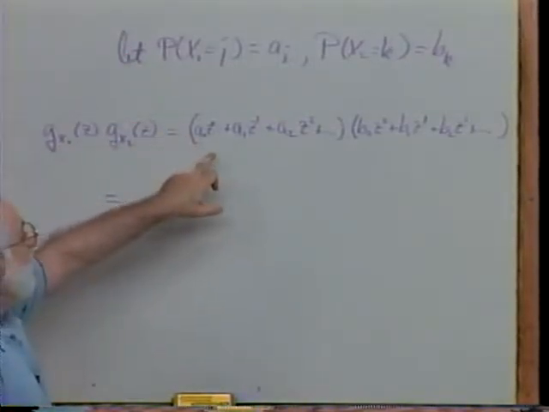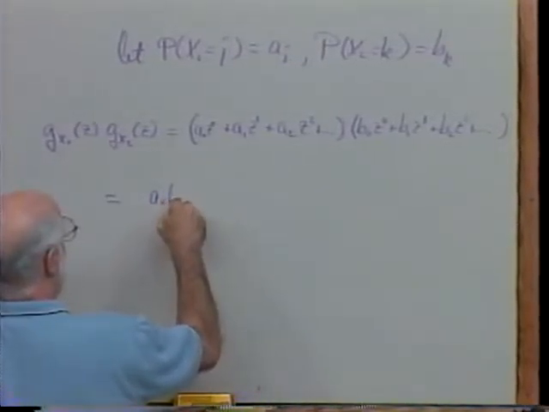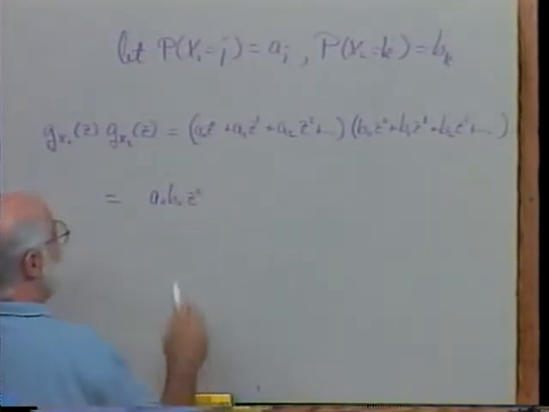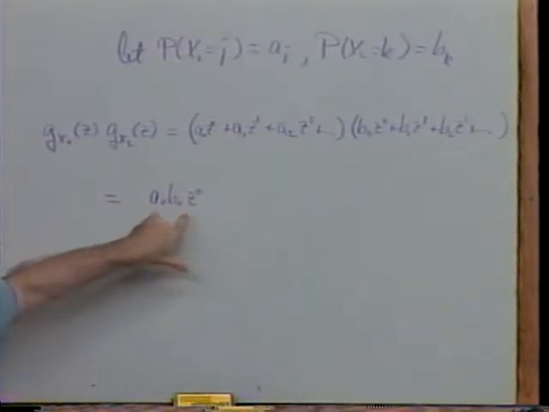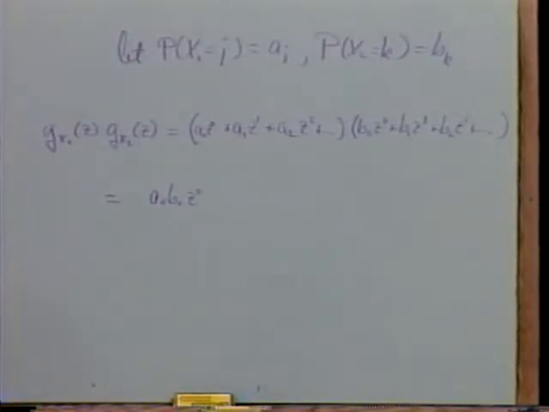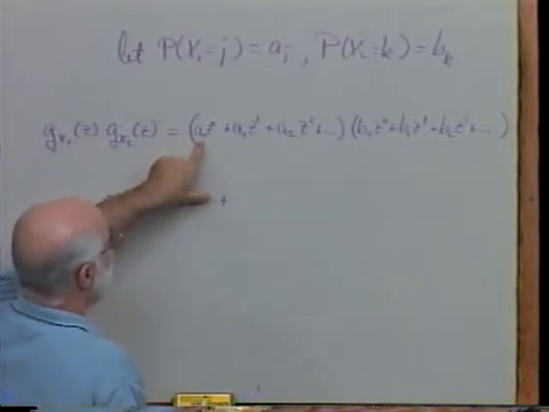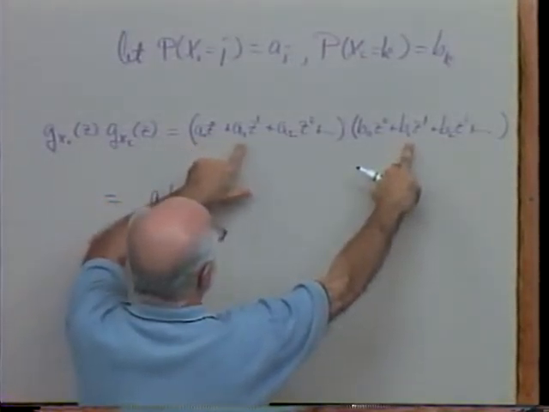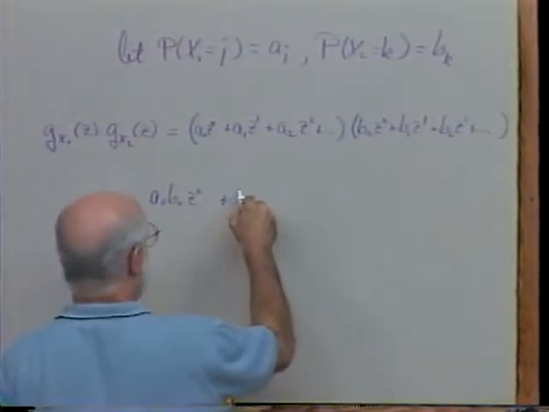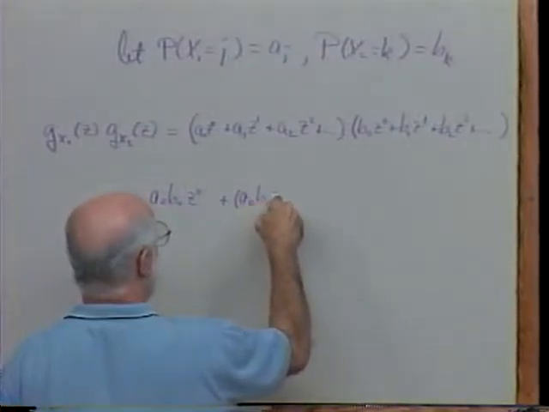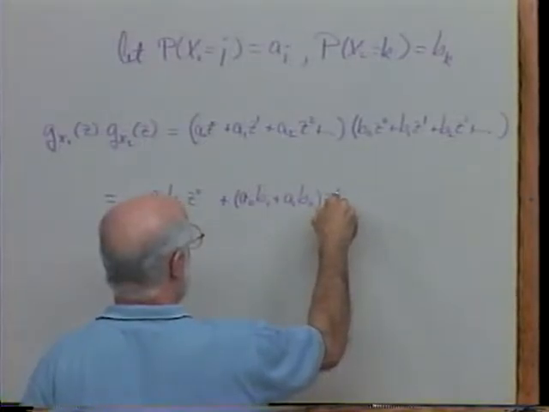So to get the coefficient of z to the 0, obviously that's equal to a0 b0, z to the 0. I multiply that term times that term, and I have one term that corresponds to z to the 0. What about the coefficient of z to the 1? Well, a0 times b1 plus a1 times b0 will give me the coefficient, so I'll write that as a0 b1 plus a1 b0 times z to the 1.